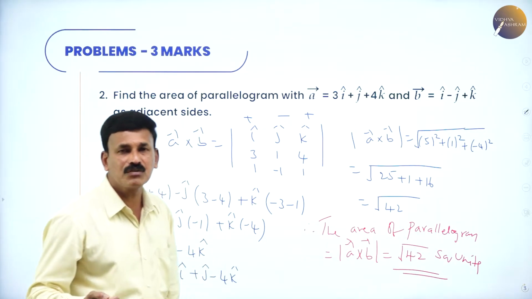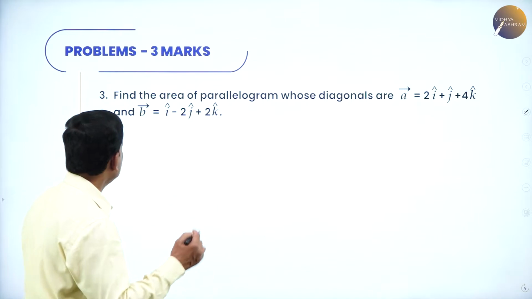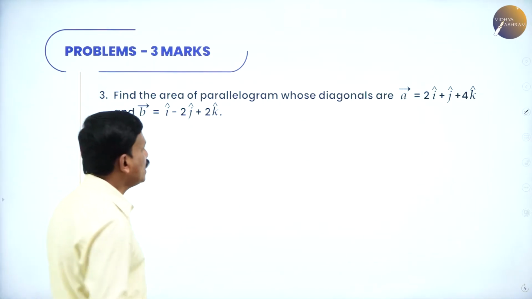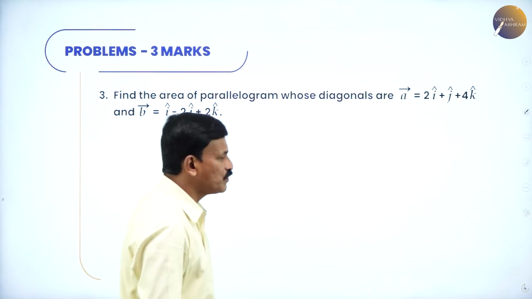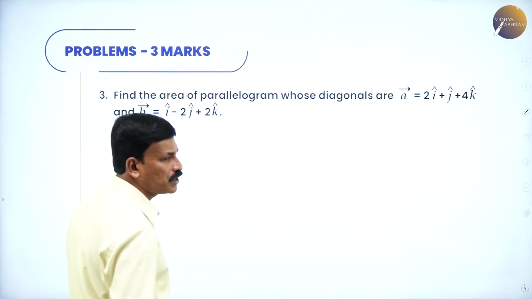Now let us consider one more problem based on the diagonals of a parallelogram. Find the area of a parallelogram whose diagonals are A equal to 2i plus j plus 4k and B equal to i minus 2j plus 2k.